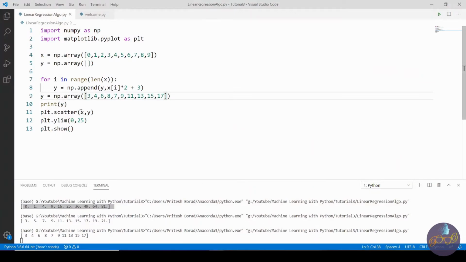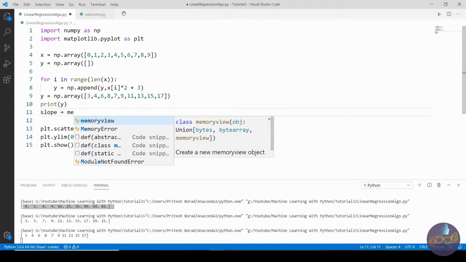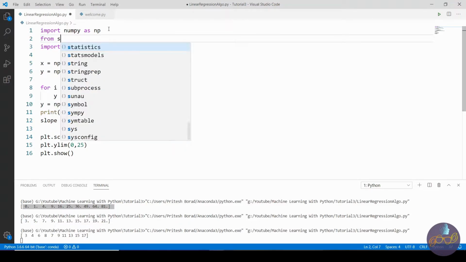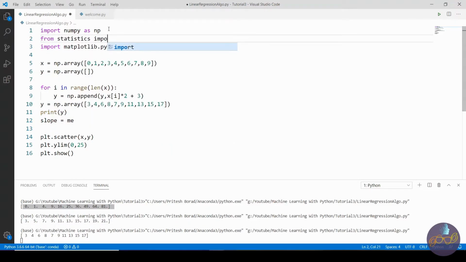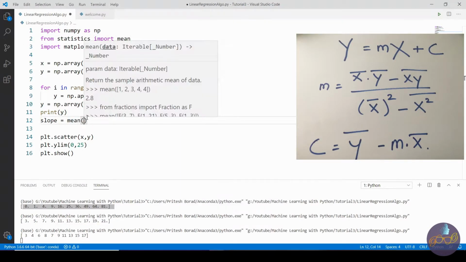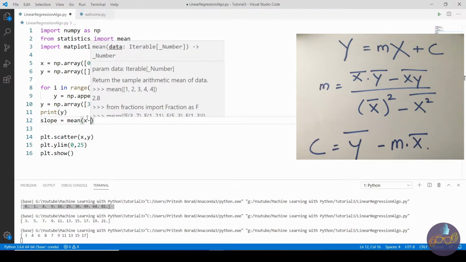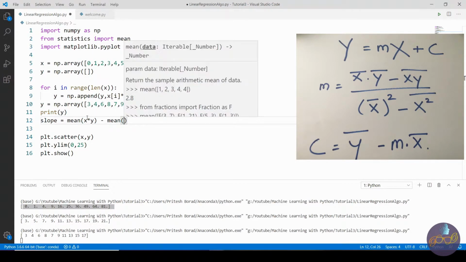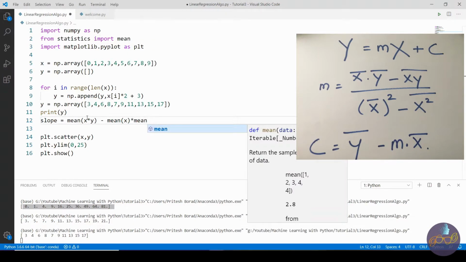Now let's actually implement it in code. So let's say slope is equal to mean. Okay, we need to import mean from statistics. So write from statistics import mean. So let's write slope is equal to mean x into mean y minus mean x into y.